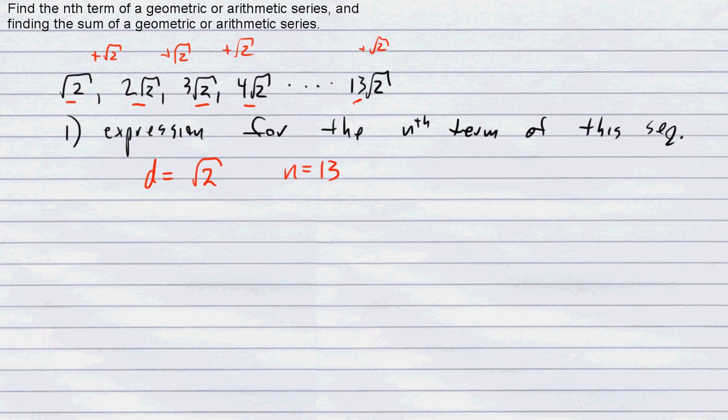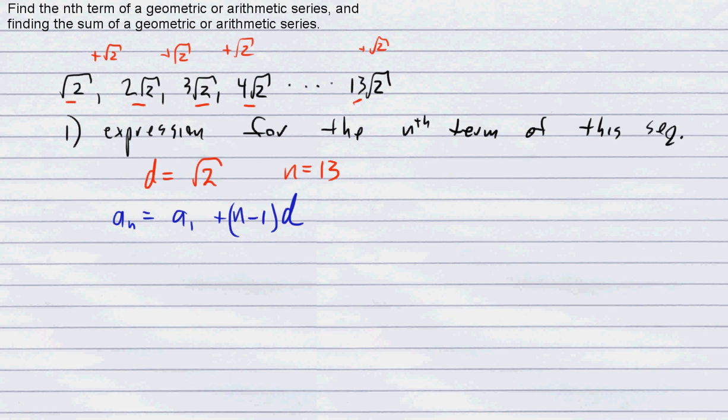Since it's an arithmetic sequence, we're going to use the arithmetic sequence formula, which is A sub n equals A sub 1 plus n minus 1 times D. Now we just substitute the numbers in.